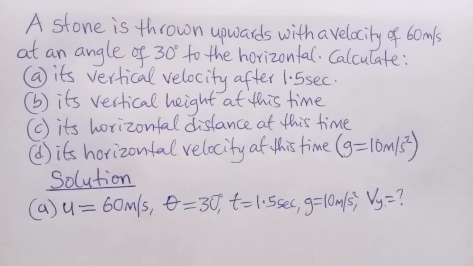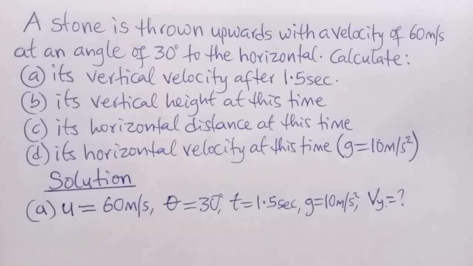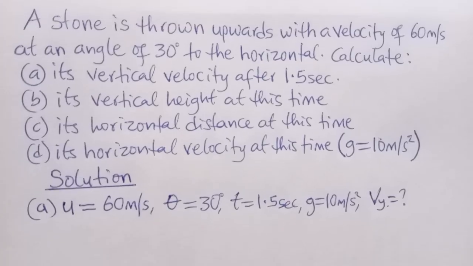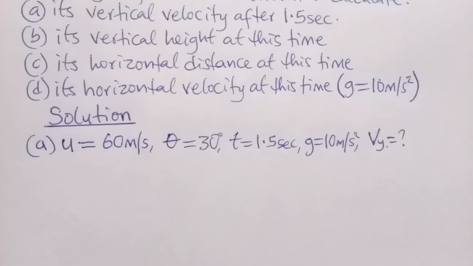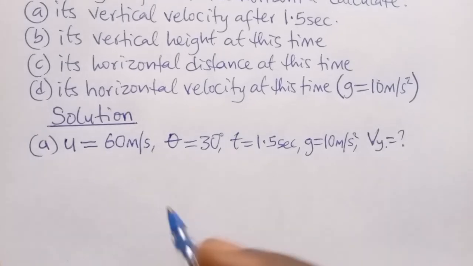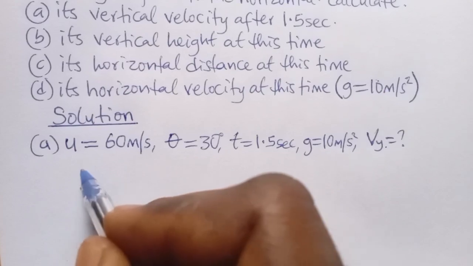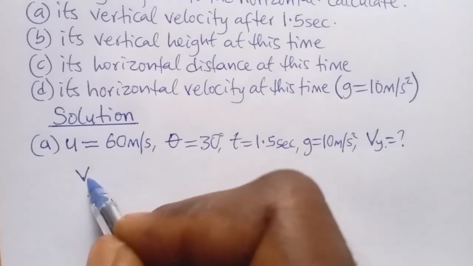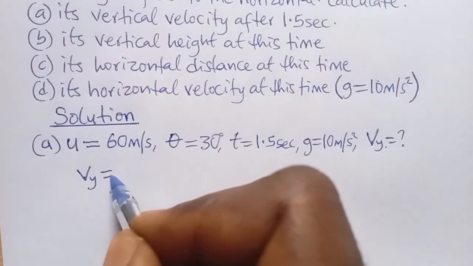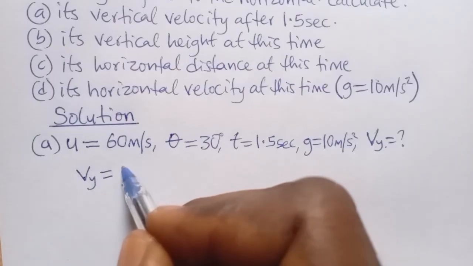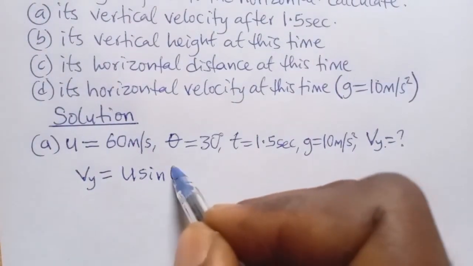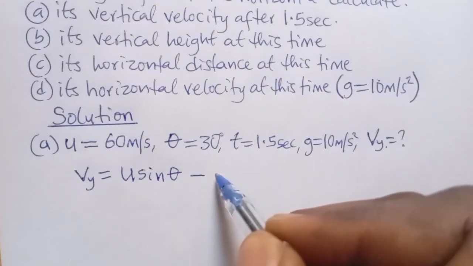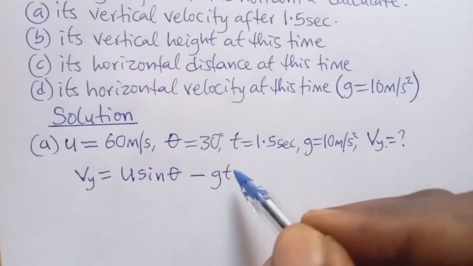Now, the first thing we can do here is to straight away apply the formula for vertical velocity. So the formula for vertical velocity is given as v subscript y is equal to u sine theta minus gt.